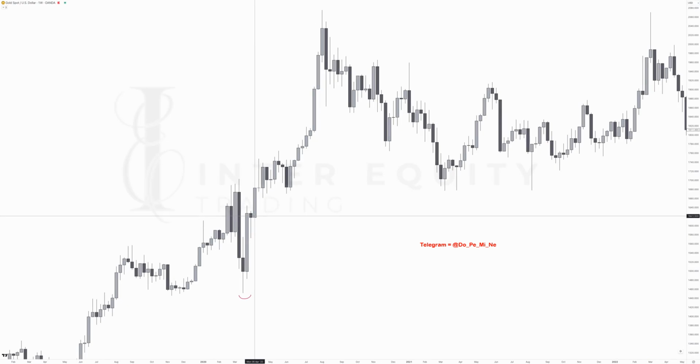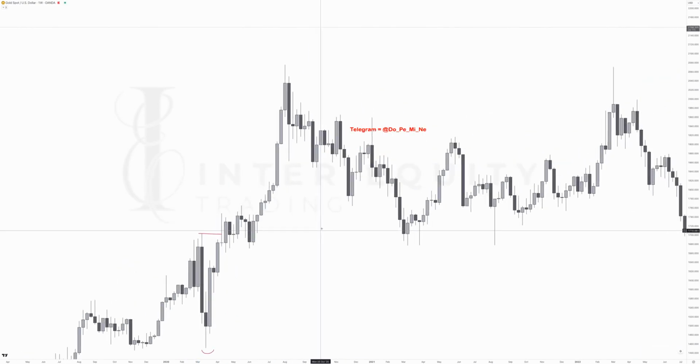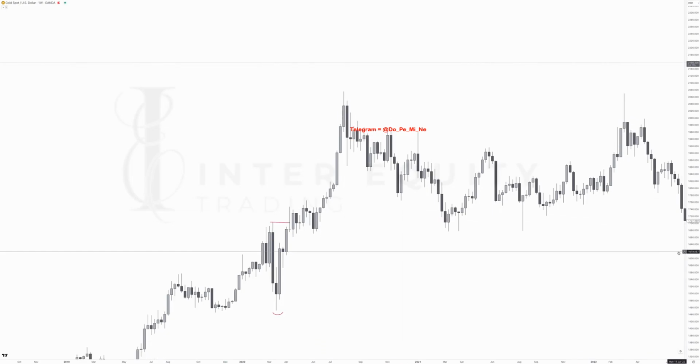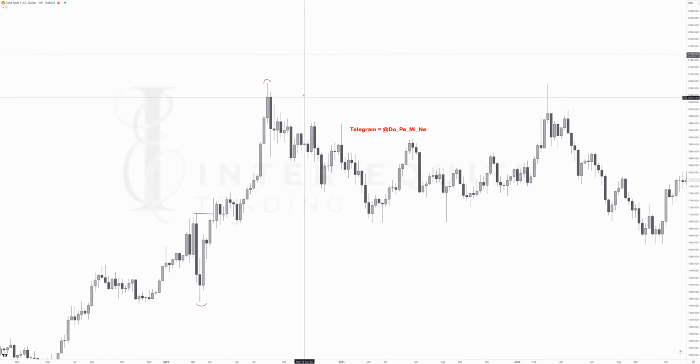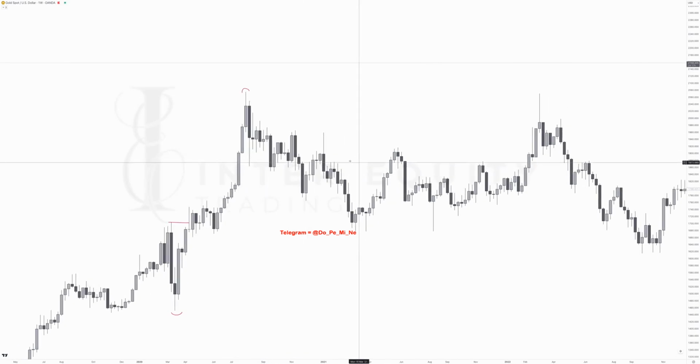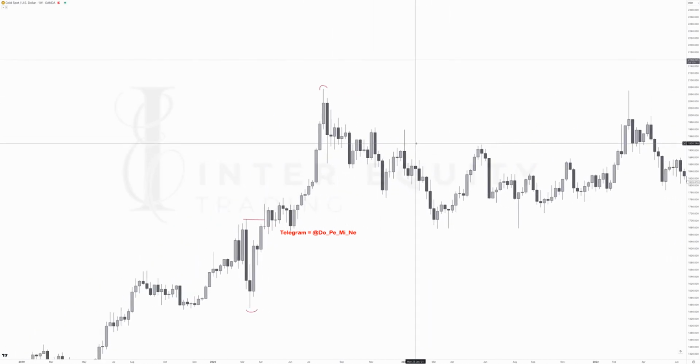And then the market moves to the upside again, breaking this structure right here, right? So the market breaks the structure and then prints this higher high. This one right here. Okay, so it prints this higher high, and while it was printing that higher high, the market left a bunch of imbalances, okay?